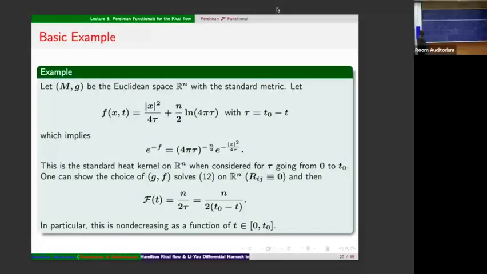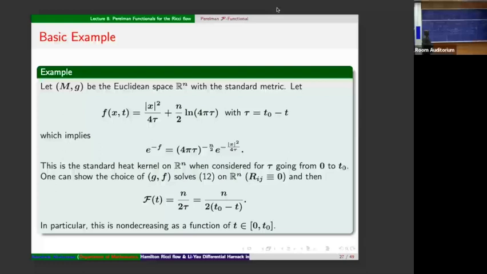This is a basic example that I want us to quickly look at. If you are on Euclidean space, you can construct this. Take f to be this function, where tau is defined as t naught minus t.